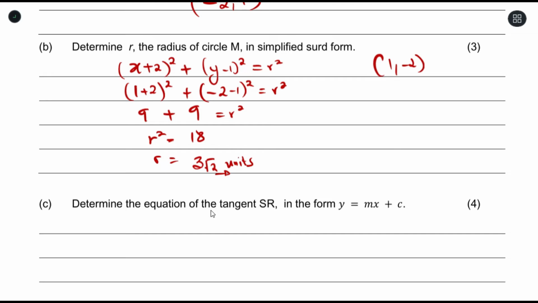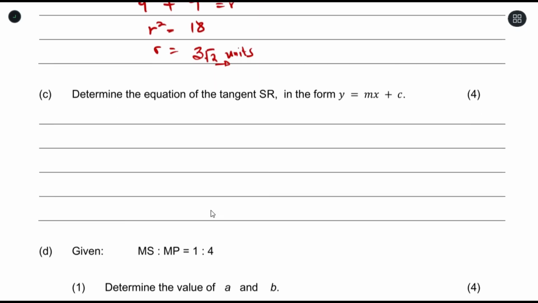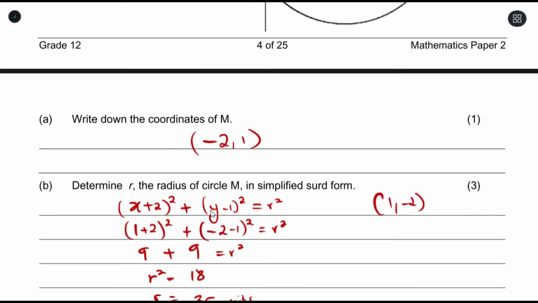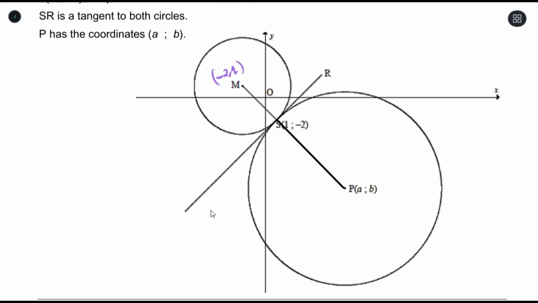Now C says determine the equation of the tangent SR in the form y = mx + c. For you to get the equation of this tangent, this SR here, we will need the gradient and a coordinate. We do have the coordinate of S here. That's very important in helping us get this equation.